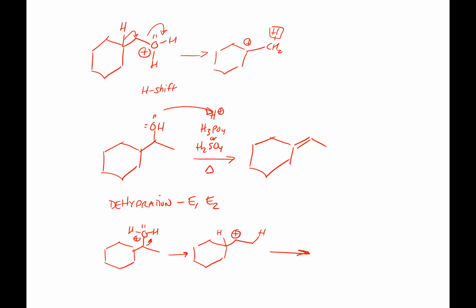And what happens in the last step? A beta hydrogen gets removed from the double bond. I'm going to lose a beta hydrogen as an H plus to form the double bond. I've got two beta hydrogens here, beta hydrogen A and beta hydrogen B. Which one should I lose?